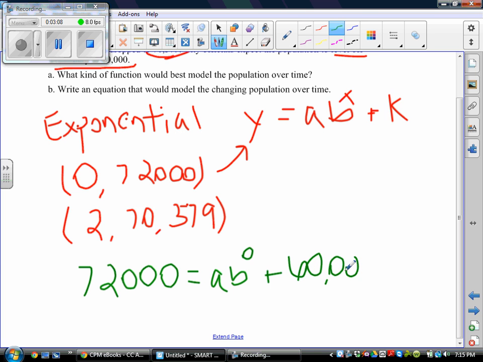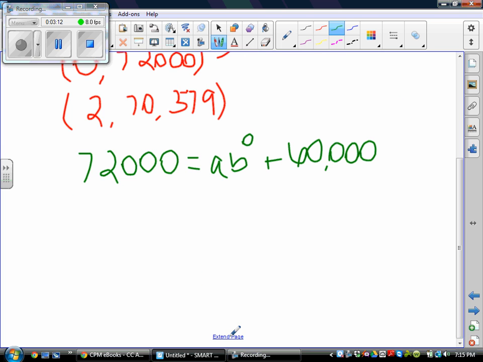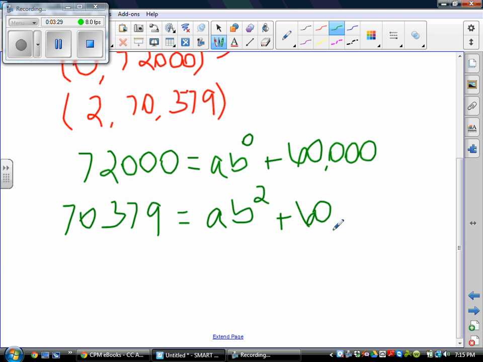This is what a lot of people forgot on our last chapter test. Our second equation has a y value of 70,379 equals, again, I don't know my starting value, I don't know the multiplier, but the x value is a 2, again, plus my 60,000 asymptote. It never goes below 60,000.